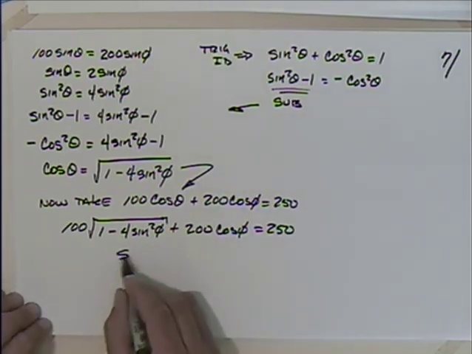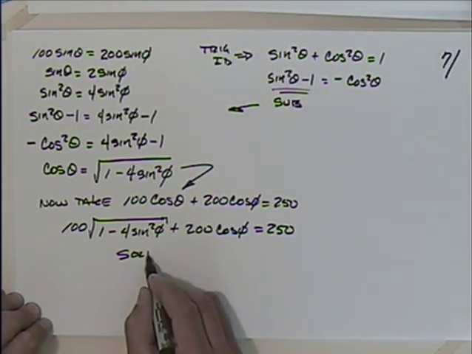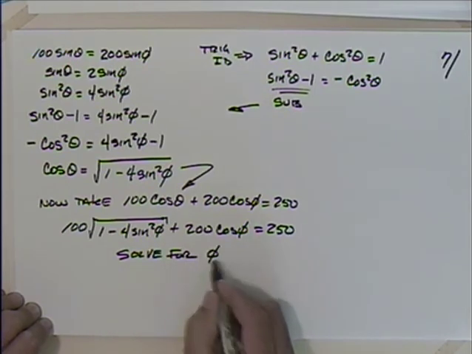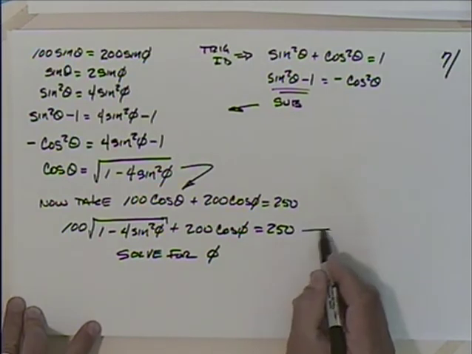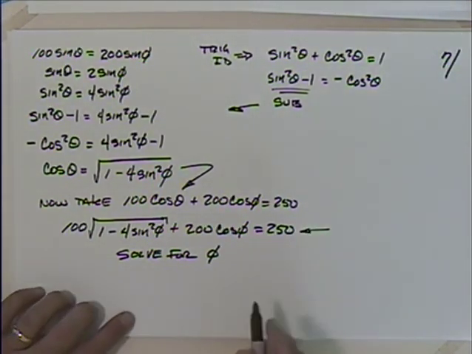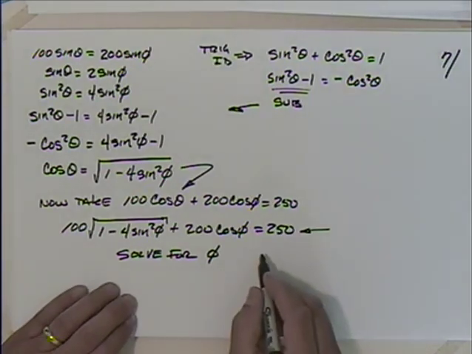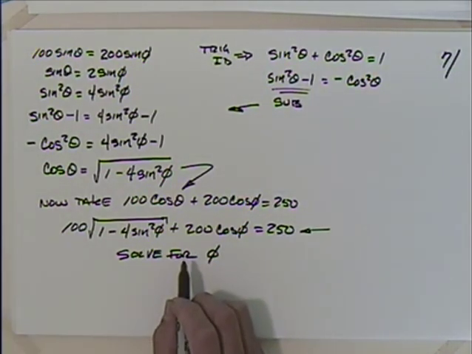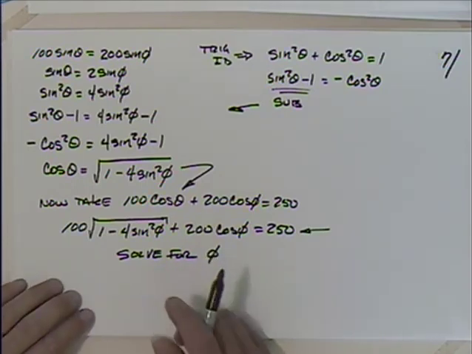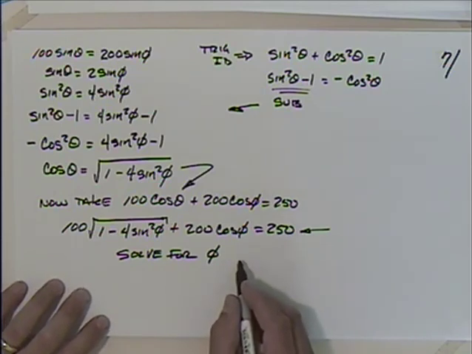We can then solve this thing for phi. We've got one equation here now with one unknown, phi. We can solve that for phi, and there's quite a bit of algebra in there. I would start by dividing everything by 100, and then you're probably going to want to square things out. So you've got quite a bit of work to do there.